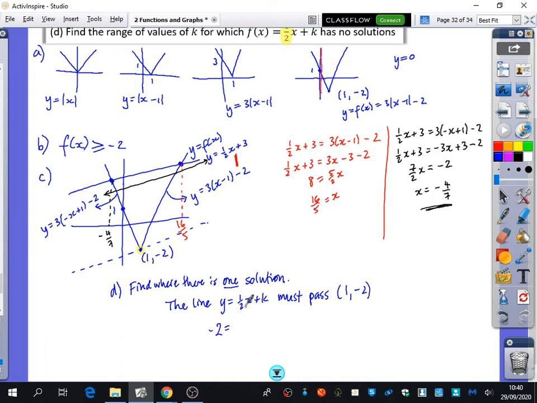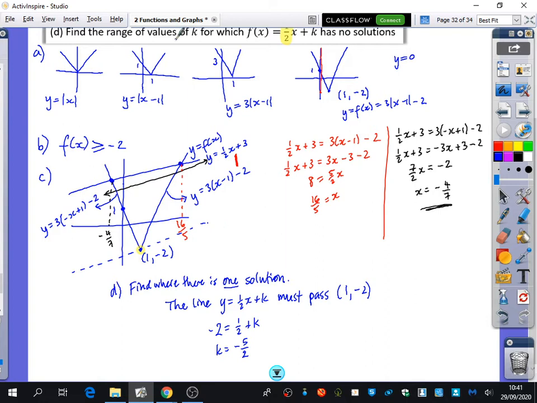So I get -2 equals a half times 1, which is just a half, plus k. And so k is equal to -2 minus a half, which is -5 over 2. So if k was -5 over 2, it would be this dotted line that we've got here, and there would only be 1 solution.